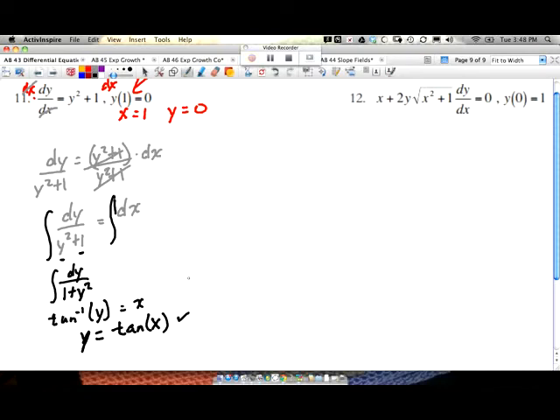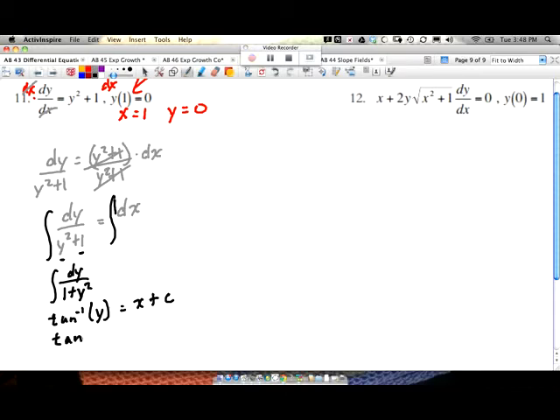Okay, so y equals tangent of x. Oh, wait a second, what are we missing here? We are missing a plus c. Let's go ahead and put a plus c in here, and we're going to plug in the values properly from there, just so we don't cheat on anything, because we forgot to figure out plus c.